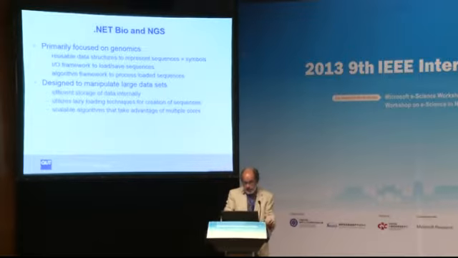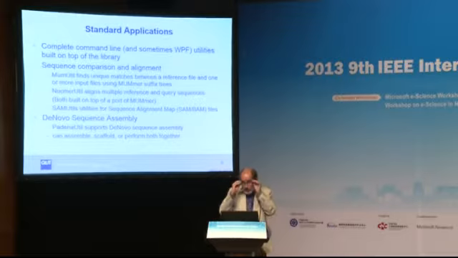So the library itself is both a collection of functions, a collection of methods that is there to be exploited, but also it comes as a set of pre-assembled or pre-constructed tools to enable people to use things. So there are a number of developed utilities which ship with the library.